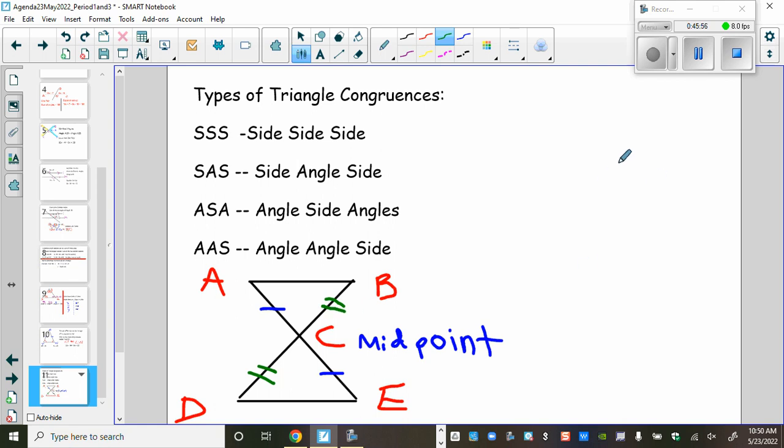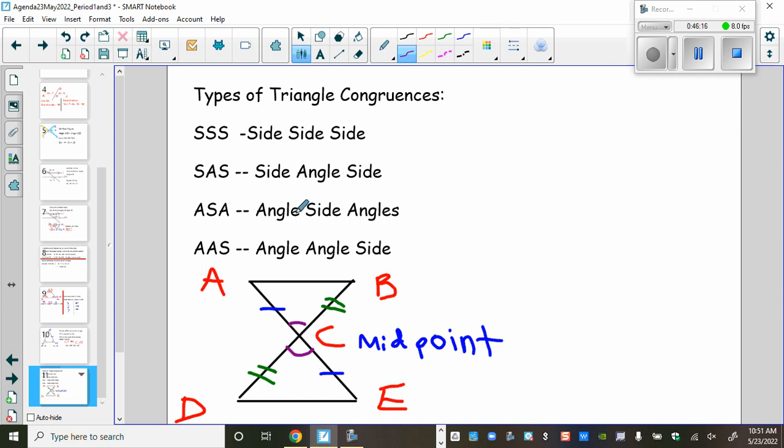Now, what about these angles right here? What if I had an angle here, angle here? What do we know about those two angles that are directly across from each other? They are also congruent.